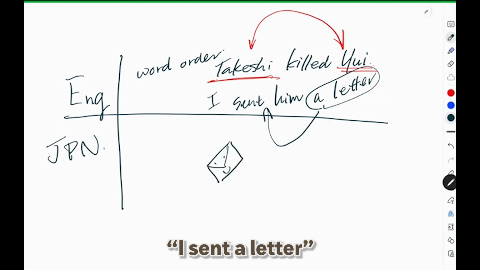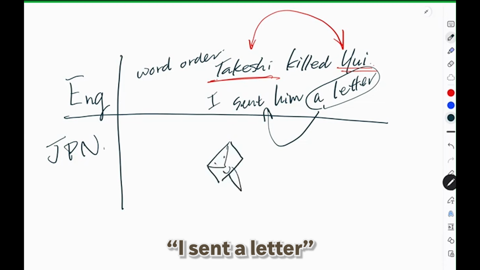I sent a letter him, whoever him is. I sent him to a letter, if we flip the word order. But the normal sentence, I sent him a letter, is I sent him this letter, right? So the meaning will be totally different in English.